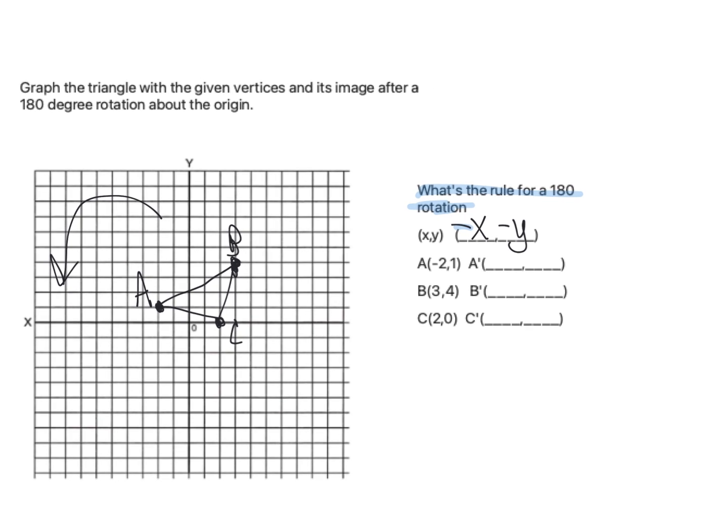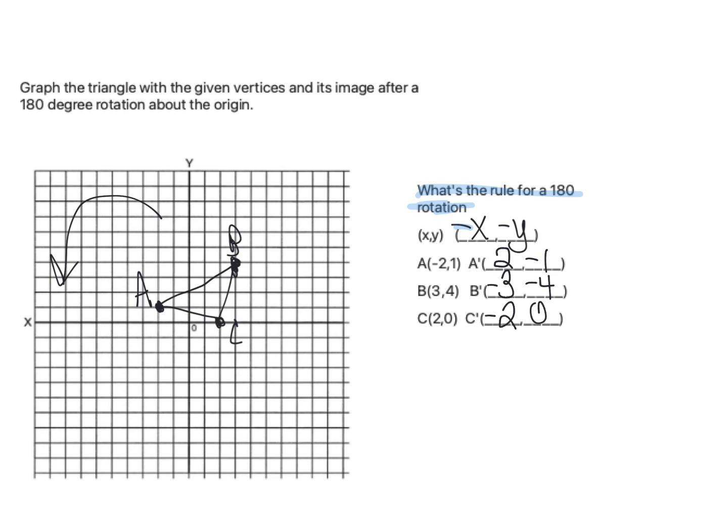So if we started out at (-2, 1), our A prime is going to be the opposite of -2, which is +2, and the opposite of 1, which is -1. (3, 4) is going to be (-3, -4), and (2, 0) is going to be (-2, 0), because the opposite of 0 is still just 0.